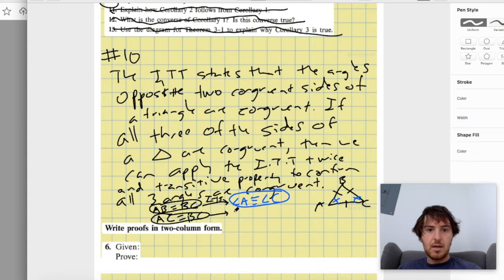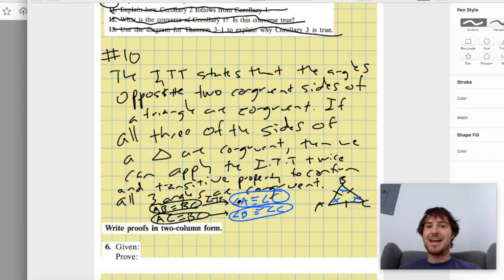Remember this single arrow going to the right means if-then. If AC equals BC, and we know it would because it's an equilateral triangle, then angle B would be the same measurement as angle C here. So I'd have angle B congruent to angle C, and this right here would get us to what we're trying to prove.